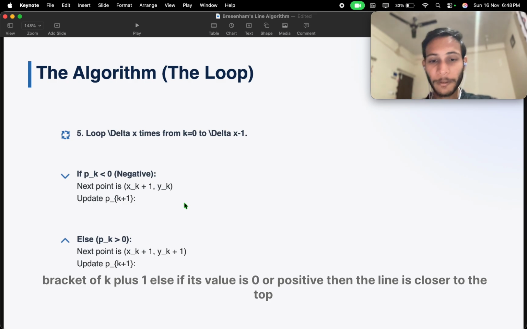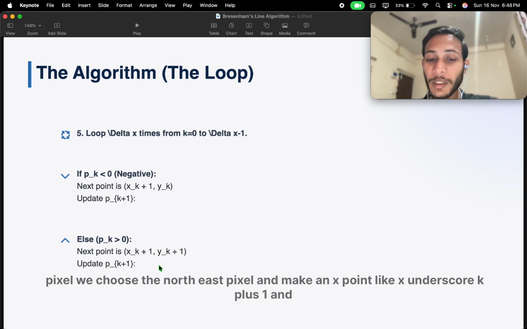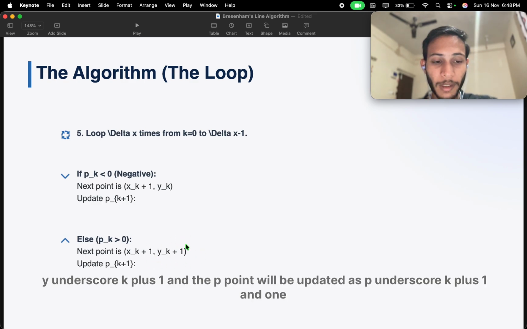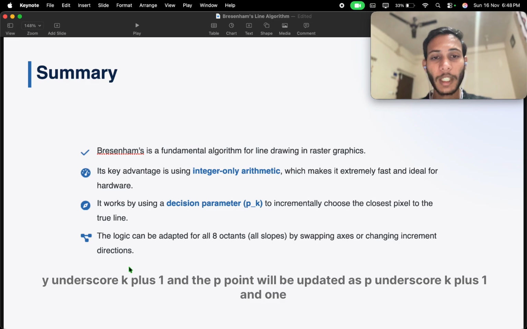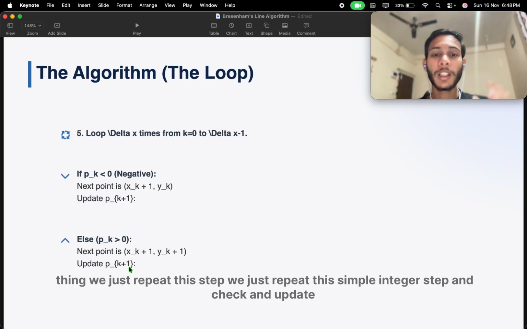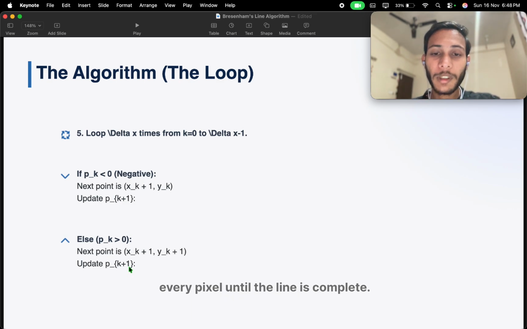Else if its value is 0 or positive, then the line is closer to the top pixel. We choose the northeast pixel and make our next point x_k plus 1, y_k plus 1, and p is updated to p_(k+1). We just repeat this simple integer step, check and update, for every pixel until the line is complete.